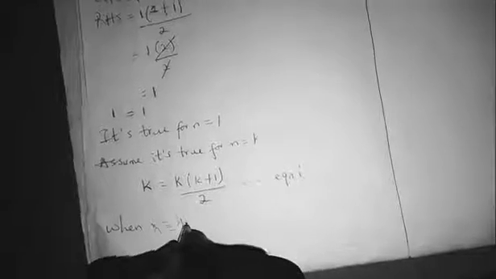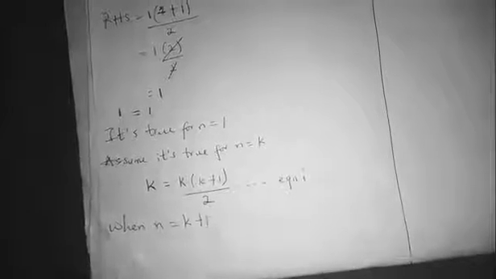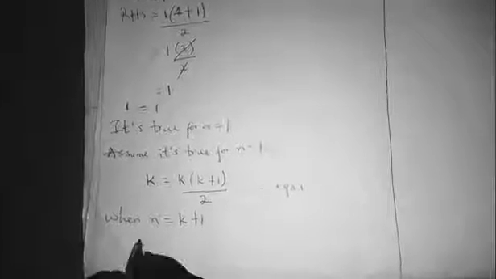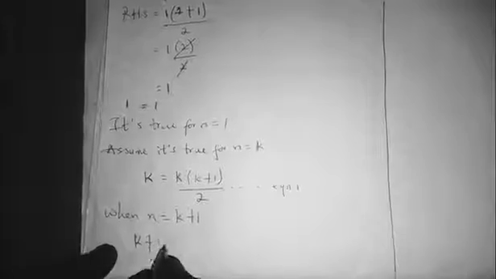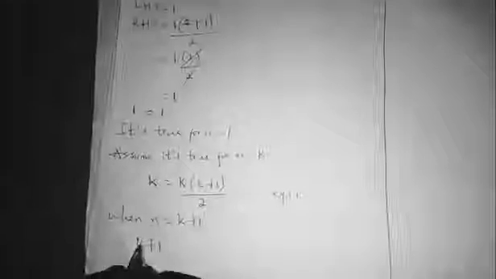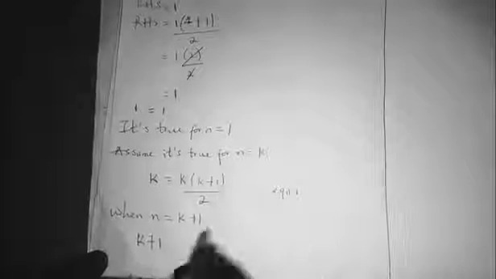So when n equals k plus 1 now, let me work on the left hand side alone. On the left hand side, I will have k plus 1, no, I have only n here. So that will be k plus 1. So, like I did in the first example, you now add this equation 1.